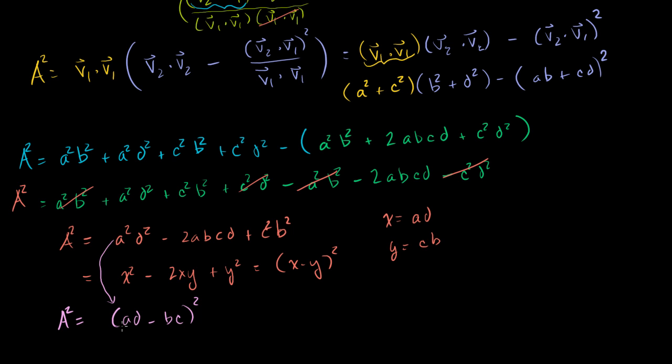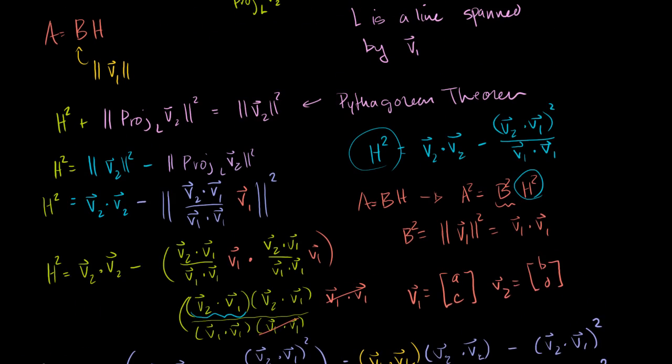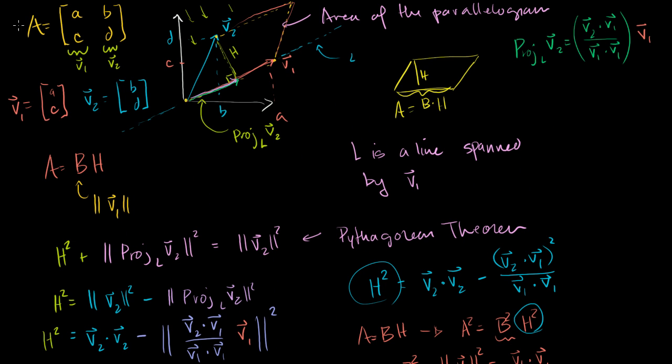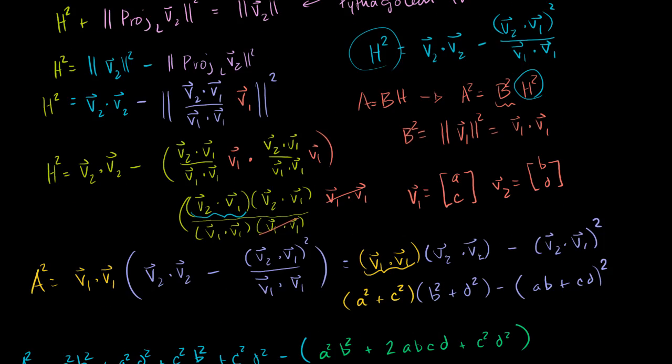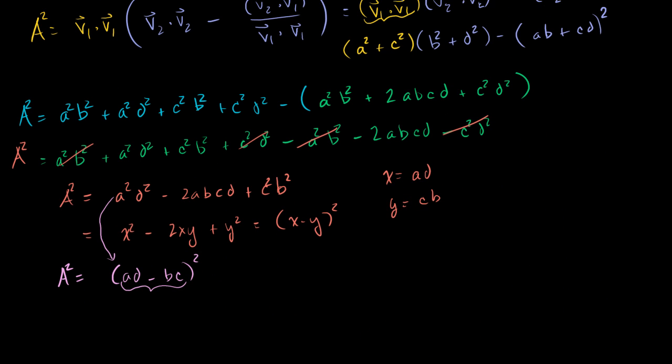But what is this thing right here? It's the determinant. This is the determinant of our original matrix up here. Well, I called that matrix A, and then I used A again for area, so let me write it this way. Area squared is equal to (ad minus bc) squared.